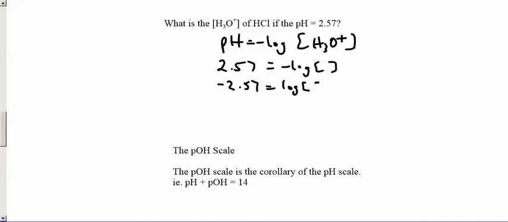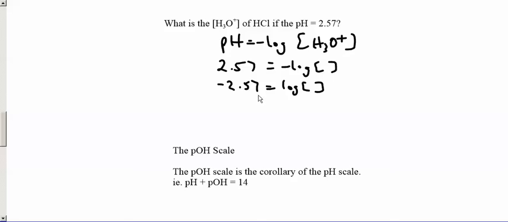Now, don't go canceling out log or dividing by log. Log is like sine, and therefore you need to get rid of it. You need to inverse sine or second function sine on your calculator. So I'm going to inverse log negative 2.